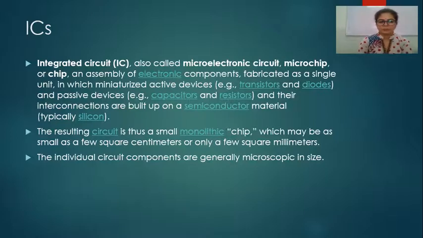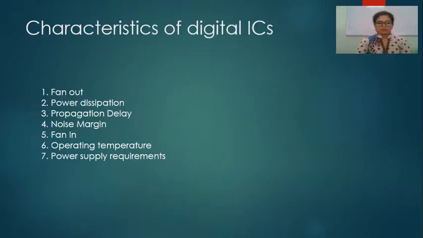If we are buying a product from the market or using any electronic product at home, the working of the product, the cost of the product and the speed at which the machine is responding and generating results depend upon the characteristics of the IC. This is why we have to study the characteristics of digital ICs.